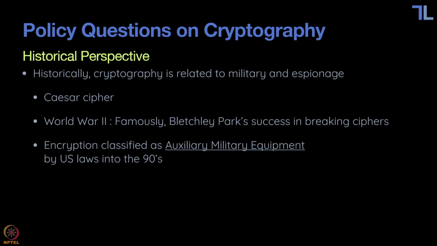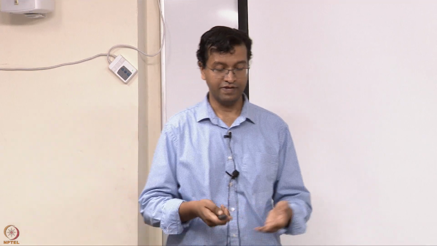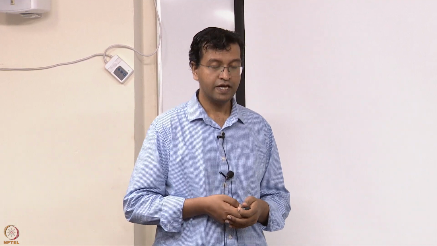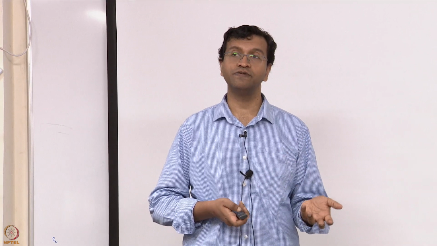And because of all this focus on using cryptography for military purposes, until a few decades back, until the 90s, in the US, for instance, encryption or block ciphers were classified as auxiliary military equipment.